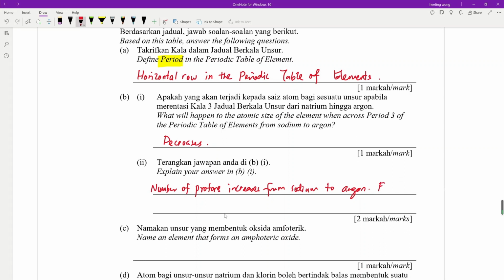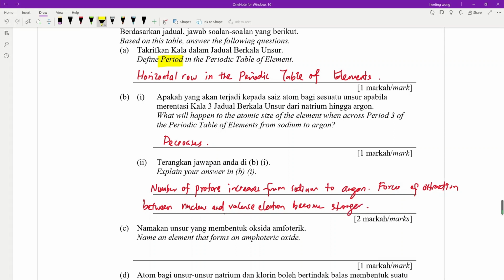If the number of protons increases, the force of attraction between the nucleus and valence electrons or electrons becomes stronger.